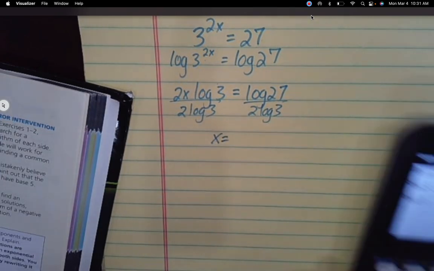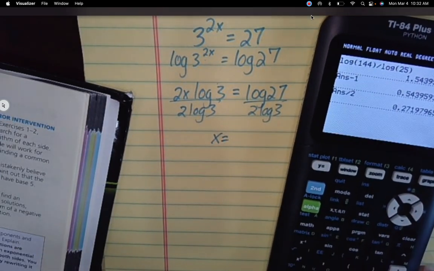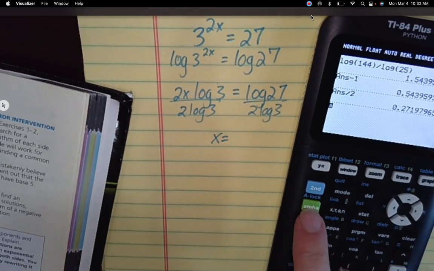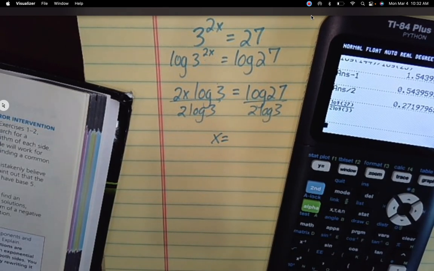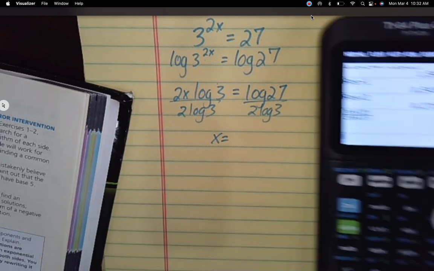And the best way to type it in your calculator, I like to use this green alpha button and then the little button next to it and do a big fraction that way. So I just type in log 27 over 2 log 3. And it's 3/2.